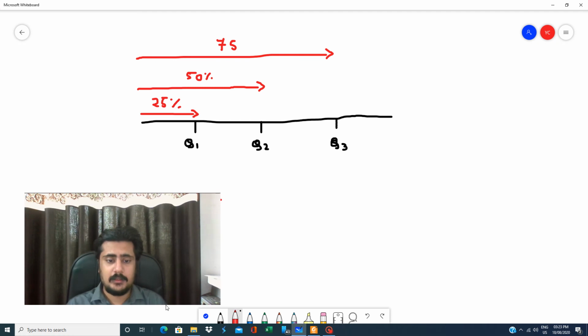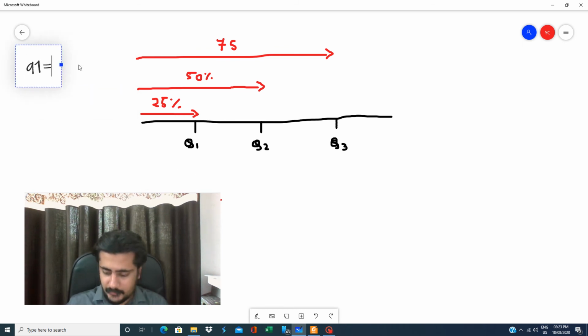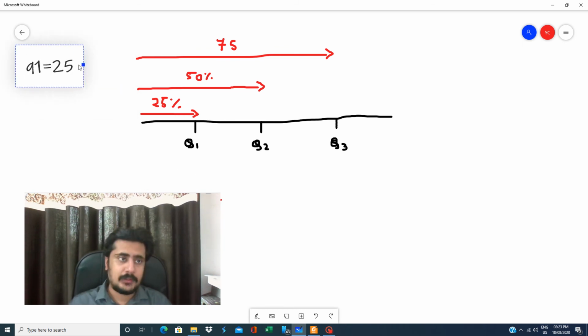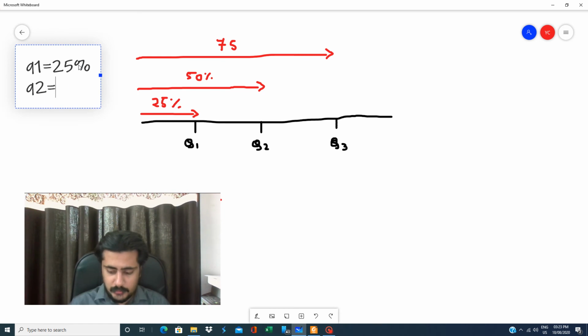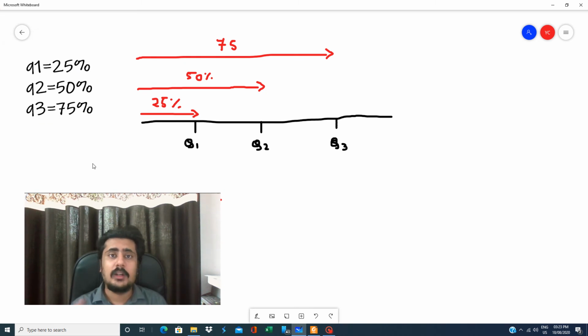What I taught you now is that Q1 covers 25% of the data, Q2 covers 50% of the data, and Q3 covers 75% of the data.